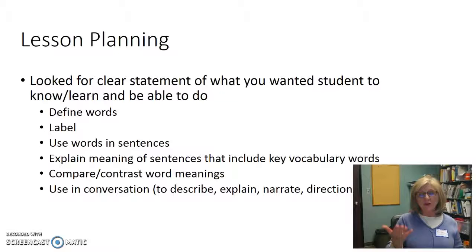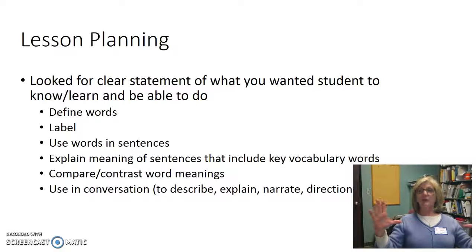The compare and the contrast of word meanings. Now, there are lots of ways for them to show you that they know how to compare or contrast. One example was a Venn diagram. So in order to demonstrate that they can compare two concepts, they have characteristics over here, and shared characteristics in the middle.